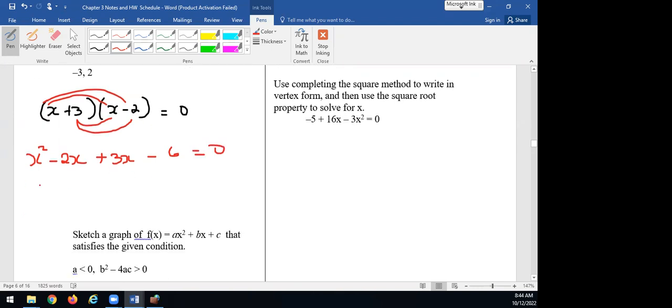This can be simplified as X squared plus X. You owe 2 things, you pay back 3, you have a surplus of 1. And then we have minus 6 equal to 0. So what is our A? 1. What is our B? 1 as well. What is your C? Negative 6. So that's how you would do a problem like that.